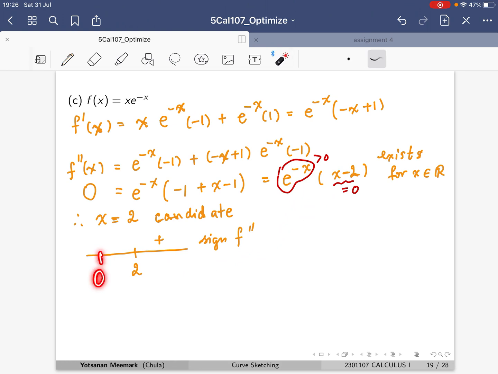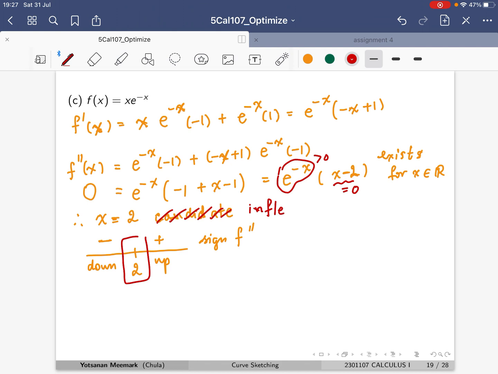So altogether, it is positive. You can plug in 0 to be very easy. So you have negative here, you have positive there. So it is negative, okay? So it means that you have concave down and concave up here. So at this particular point is the change of concavity, right? So it's not only the candidate, but the inflection point also occurs here.